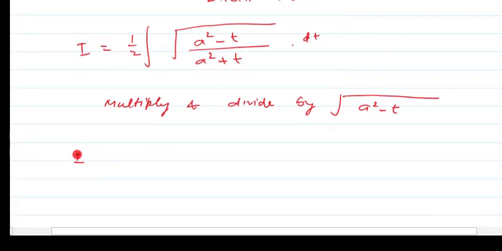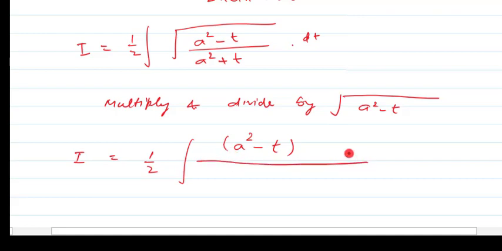So I is equal to 1 upon 2. On multiplication we will be left with a square minus t in the numerator, and in the denominator it is square root of a square plus t into square root of a square minus t. So clearly the identity will be a minus b, a plus b, and it is a power 4 minus t square dt.